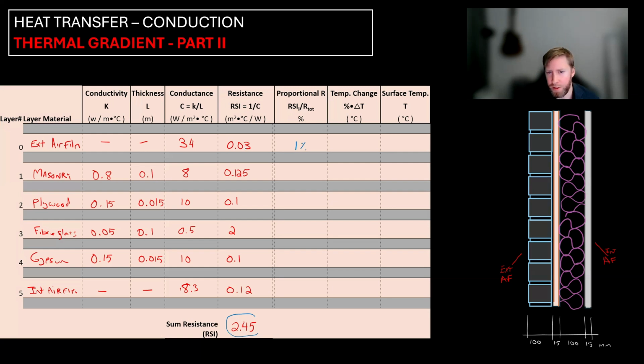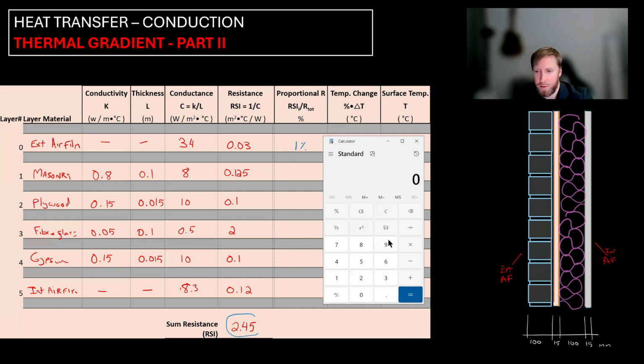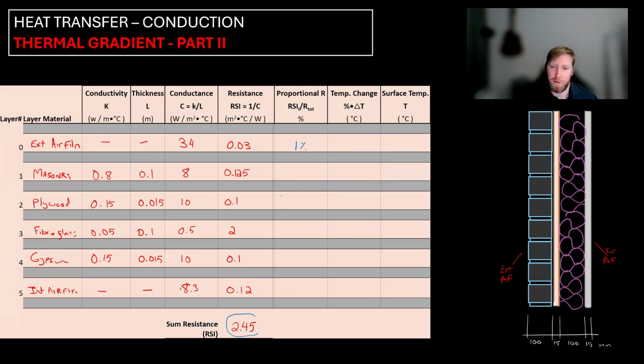If we take 0.03 and we divide it by 2.45, we're going to get something close to 1%. And if we do this for 0.125, and I divide it by 2.45, we get 0.051. So we'll call that 5%.